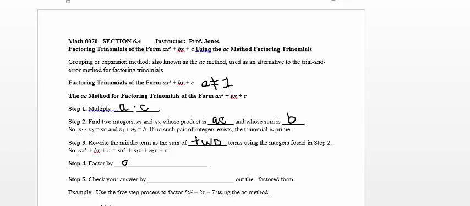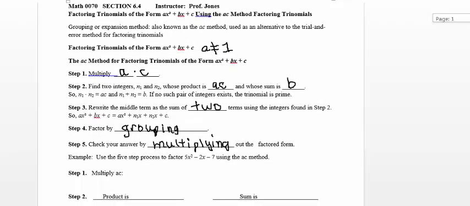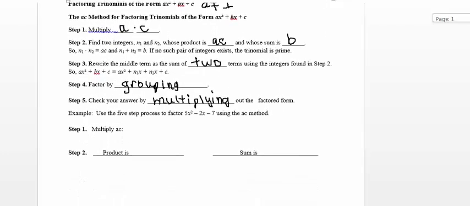And then we're going to factor by grouping. And then we're going to check our answers by multiplying out the factored form. The check is optional unless you are specifically asked to show it.